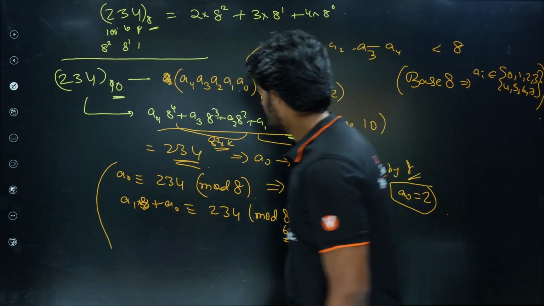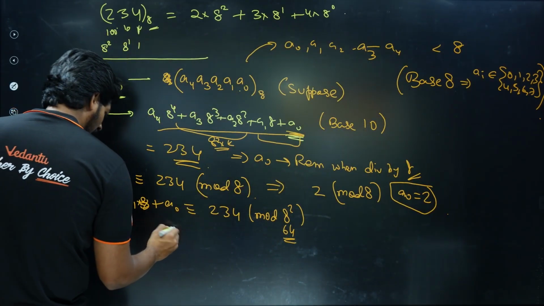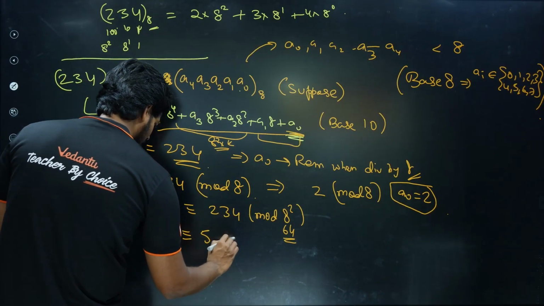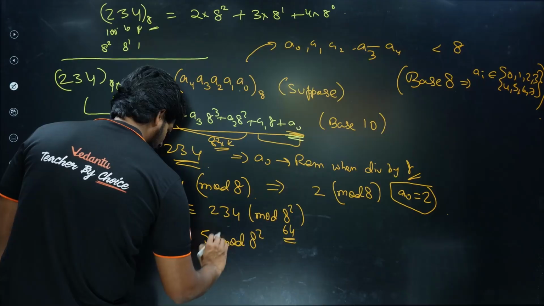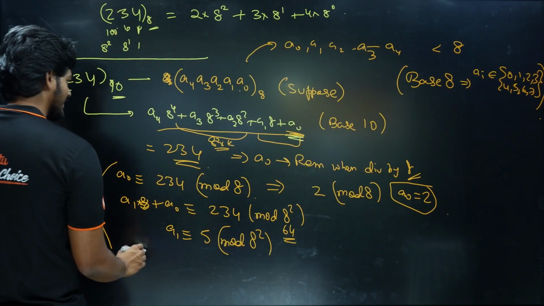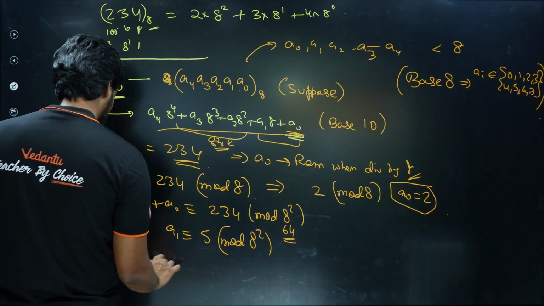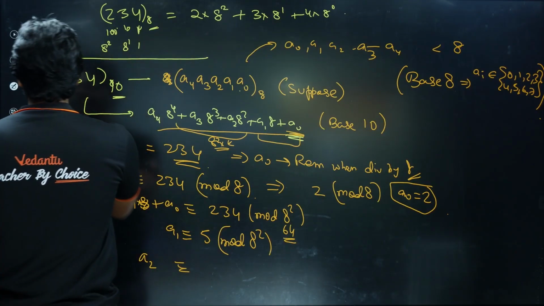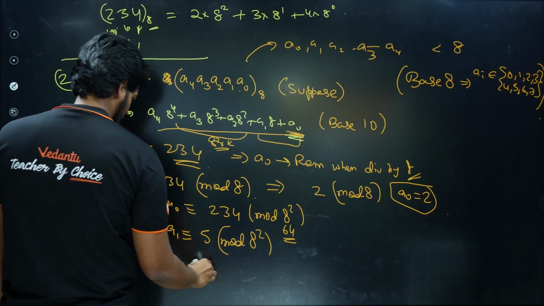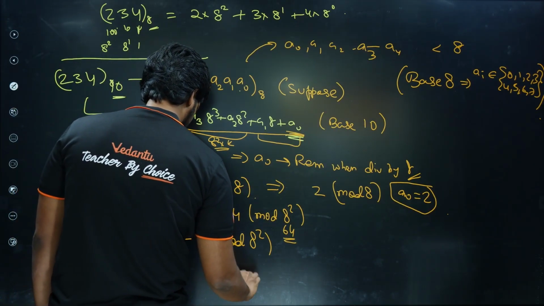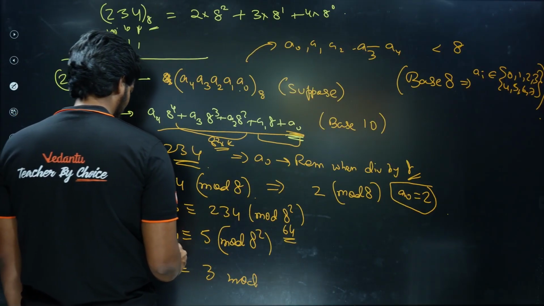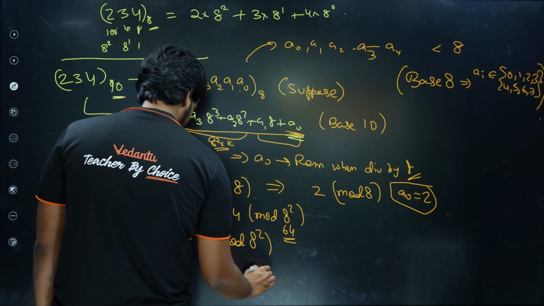What we were doing here, you have to get a1 to be 5 mod 8 square. You will get that, please check. And if you do that again, you will get a2 to be 3, mod, you have to do 234 mod 8 cube.